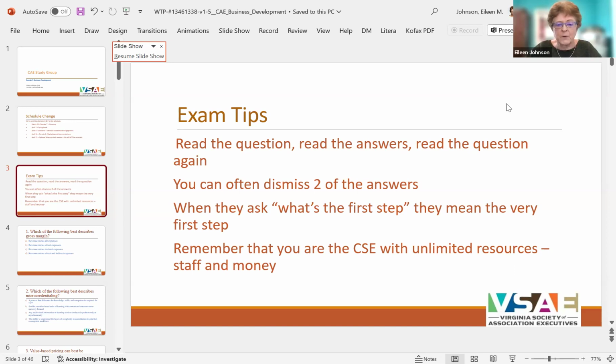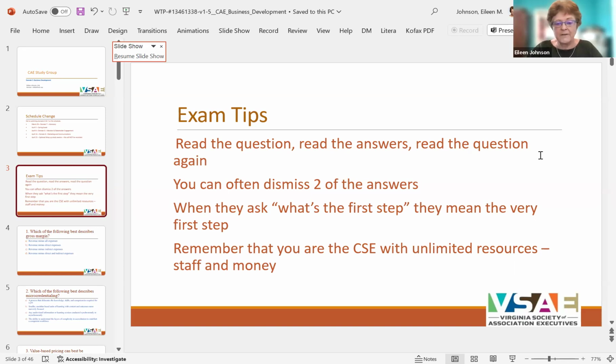When the question asks, what's the first step? They really mean the very, very first step. Some people will say it means after the board approved it, and it doesn't. It means the very first thing you're going to do when you're starting a new program. And then the last one, and this is tough for a lot of people, is when you're taking an exam, you're not wearing your current hat or whatever your job is.